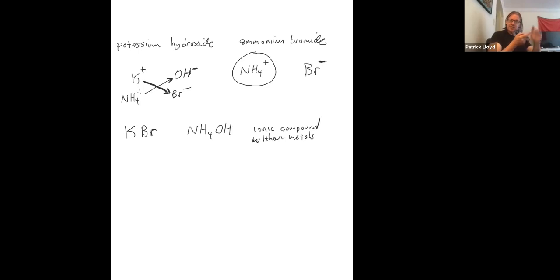So we look through our solubility guidelines. Bromide, there's one in the top part. Bromide is generally soluble unless it's with silver, mercury(I), or lead. Potassium is not one of those metals, so it's aqueous. Ammonium hydroxide: hydroxides are generally insoluble unless they're with ammonium, group 1 metals, and a couple of the group 2 metals. So this is actually one of the exceptions.